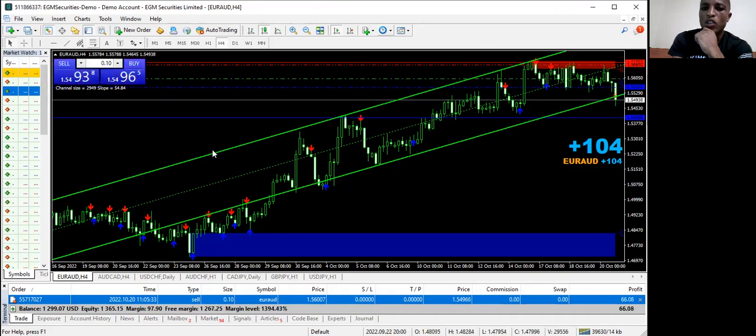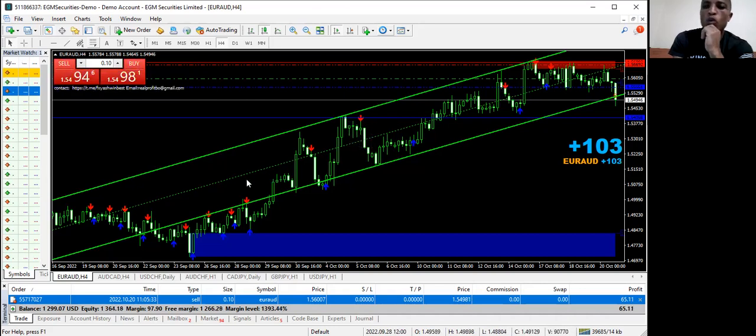Okay, you can see a channel right here, and it is pointing actually to the upside. We are in an uptrend. All right, and also we are in a channel where the price is moving to the upside. The price came here, went up, came down, went up, came down, went up. The same thing happening and the same thing happening.